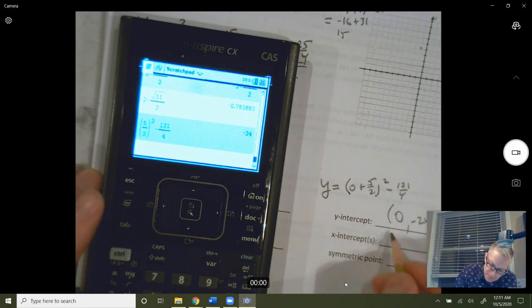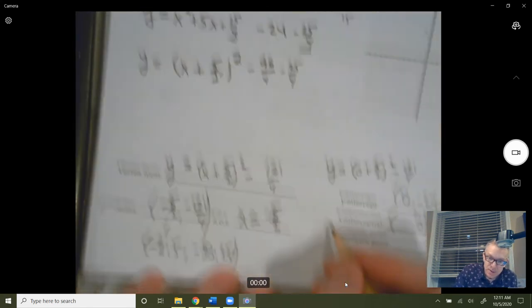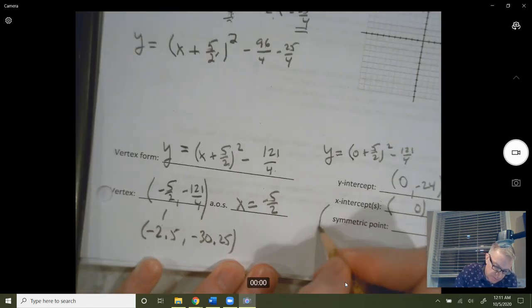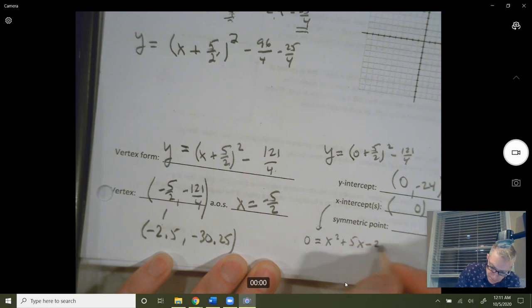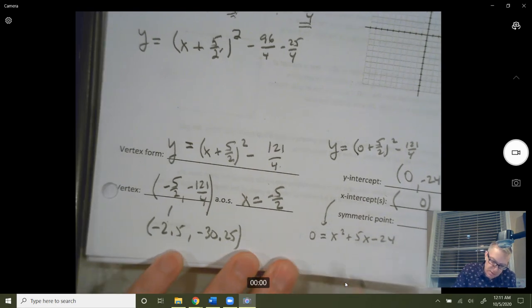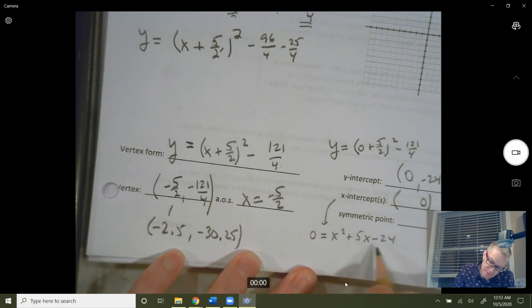The x-intercepts happen when y is 0. So let's find that. So 0 equals x squared plus 5x minus 24. And does that factor? Multiplied in, no, it doesn't factor.